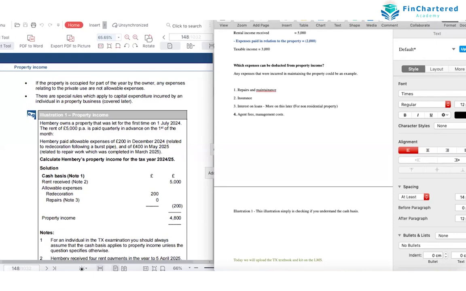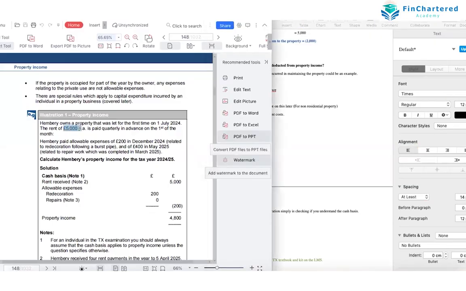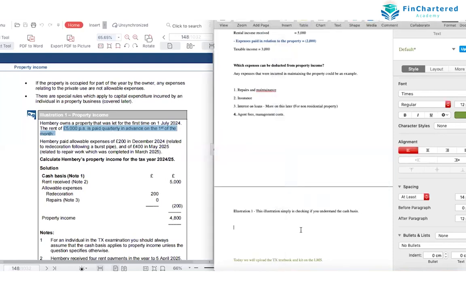Now, the first thing is you've received 4 payments. We don't care when it was due, but we just know that we've received 4 payments. The rent is 5,000 per annum, paid quarterly in advance. So you know that this year, irrespective of when the rent is actually for, we have received 5,000.